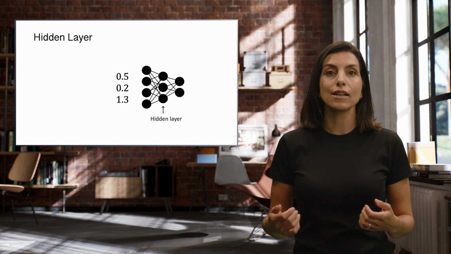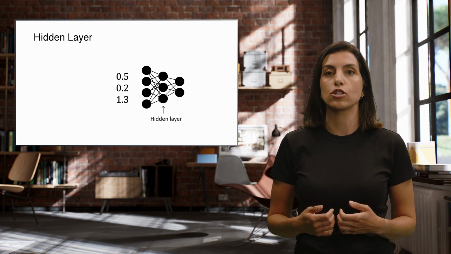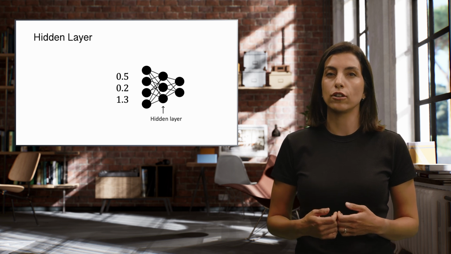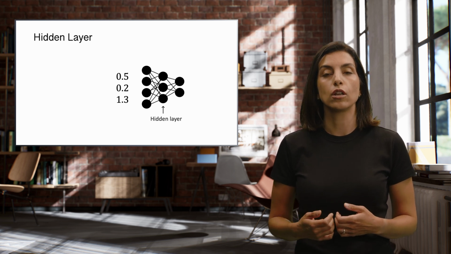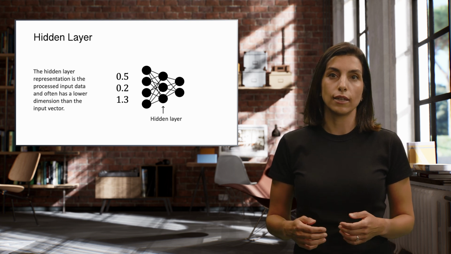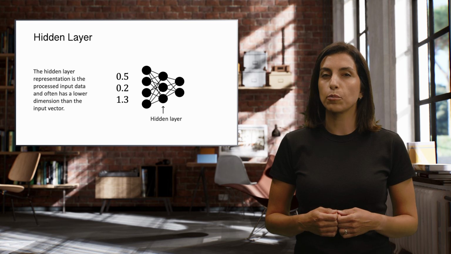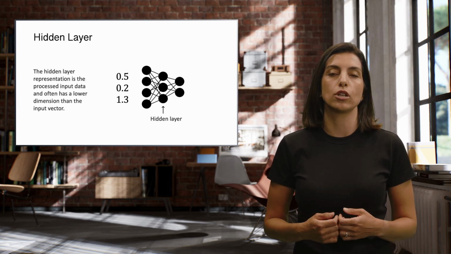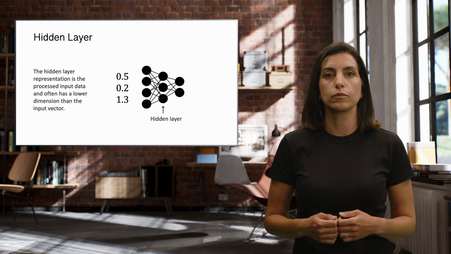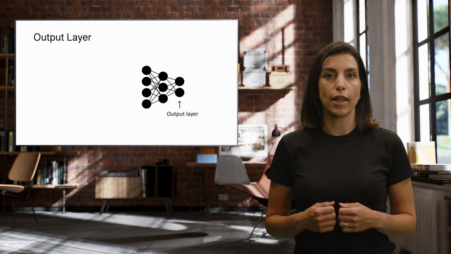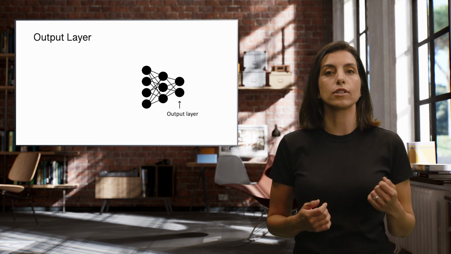Therefore, the last hidden representations are very rich in terms of accumulation of many layers of computation on the input data. Note that the hidden layer representation is a processed version of the input data and often has a lower dimension than the input vector. Last but not least, we have the output layer, which delivers the final results.